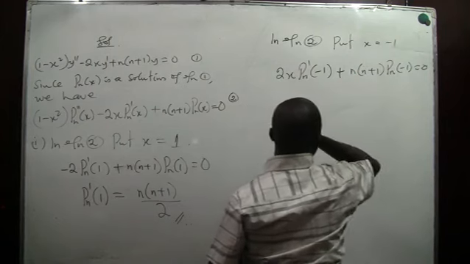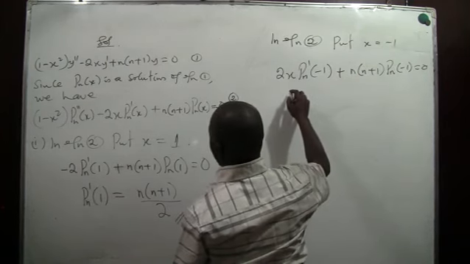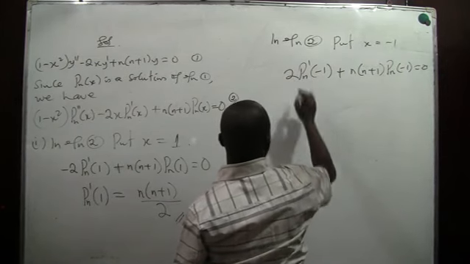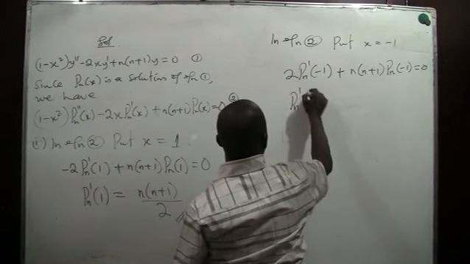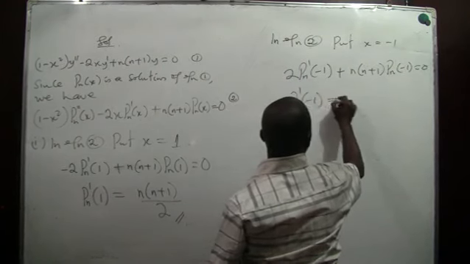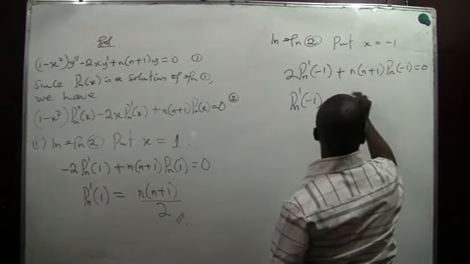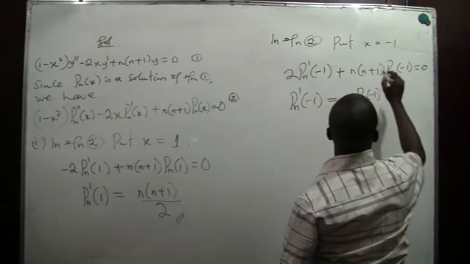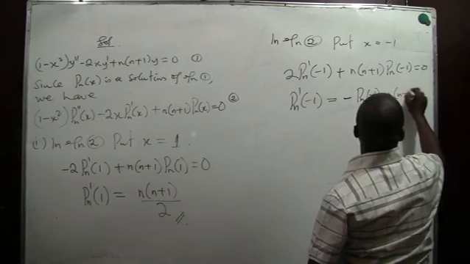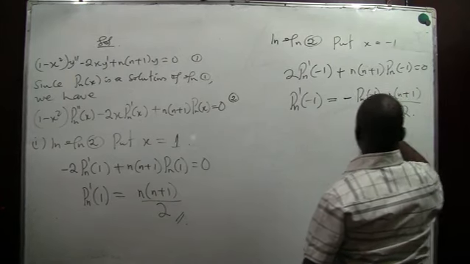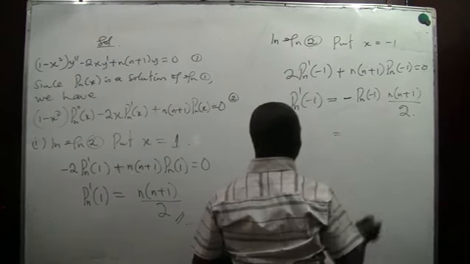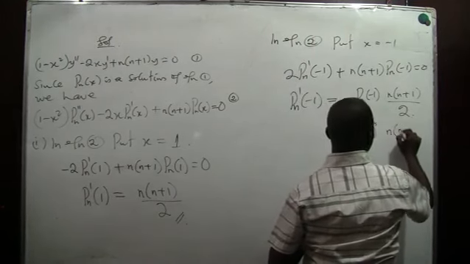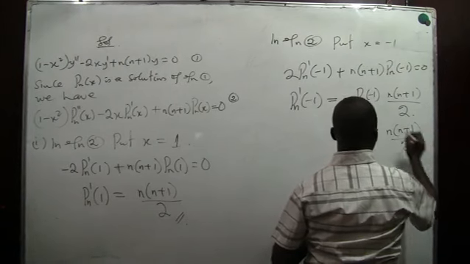Make Pn'(−1) the subject of the formula. There is no x here, we have substituted already. We have Pn'(−1) = −Pn(−1)n(n + 1)/2. Pn(−1) has been obtained as (−1)^n.